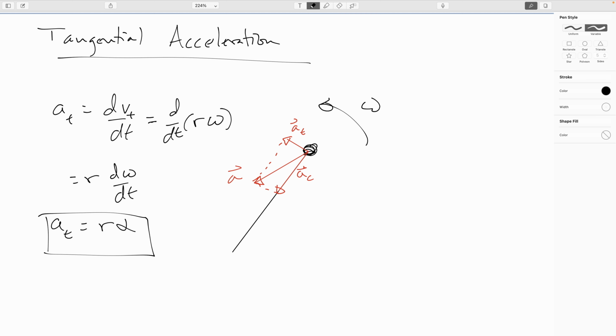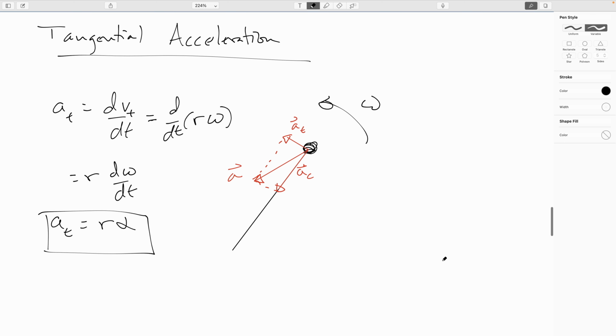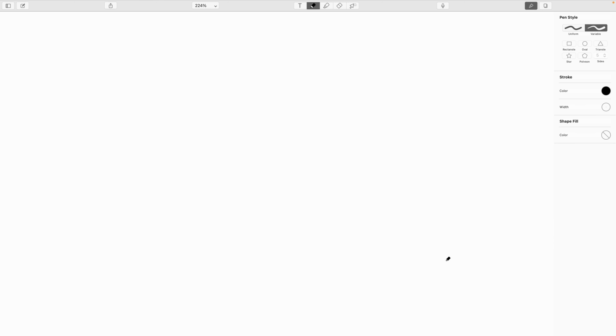So to make this maybe just a little more concrete, let's imagine that we have a car that's going around in a circle. And we'll say it's a pretty fast car. So I'll have it go around in a quarter of a circle like so.